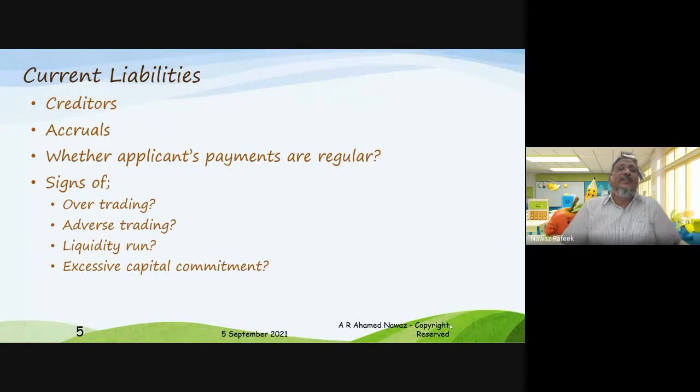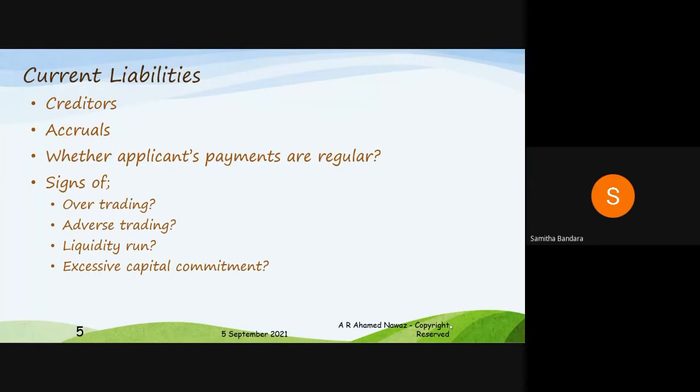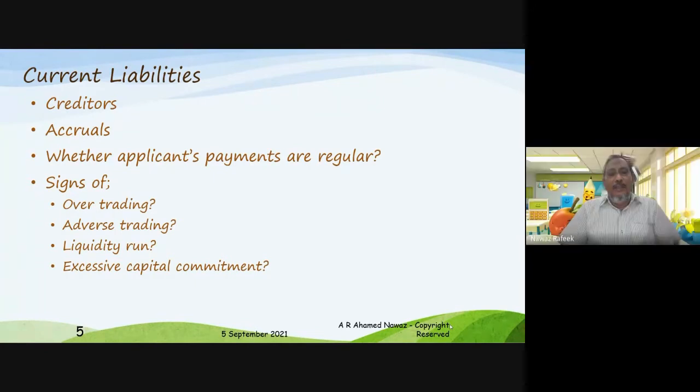On the other side of the balance sheet, the current liabilities, the creditors position. Trade creditors: how long have trade creditors been given to this customer? The period, the duration. The longer the period, the better for the cash flow.